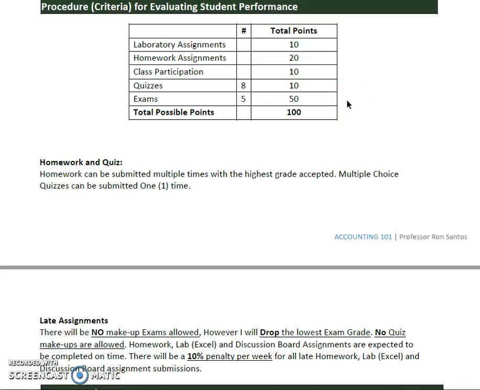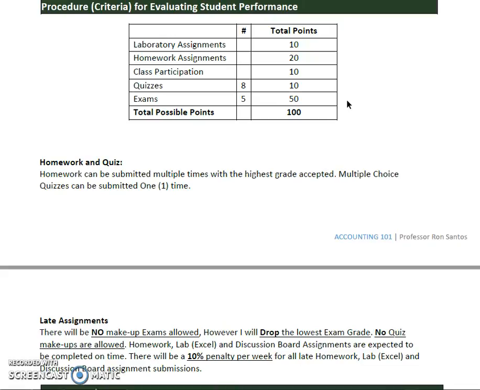So when you're trying to figure out your grade, just take your average grade for your lab assignments and multiply it by 10%. Then your homework assignments, your average grade, multiply it by 20%. Class participation, which includes our discussion boards. There are 3 discussion board prompts, plus being attentive in class and doing your work on time.